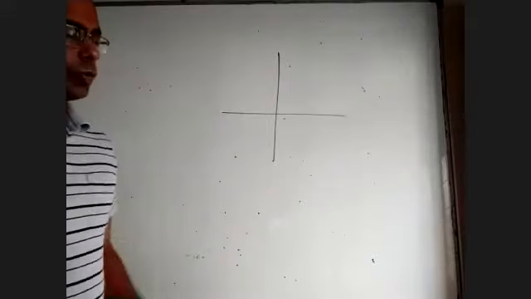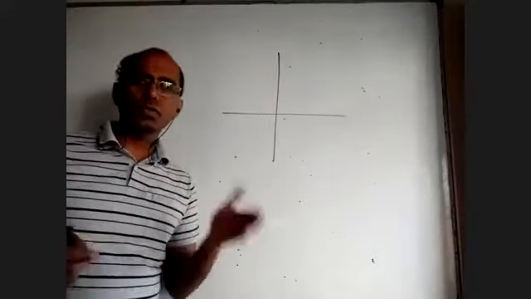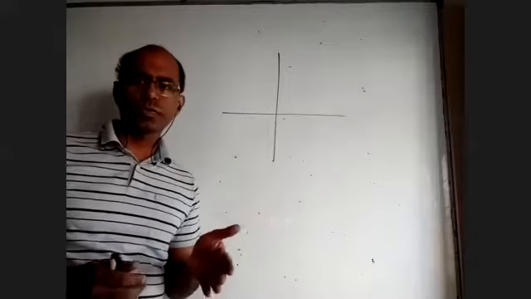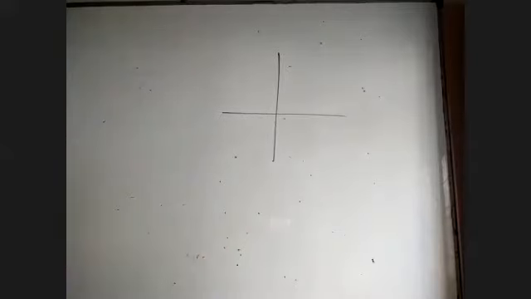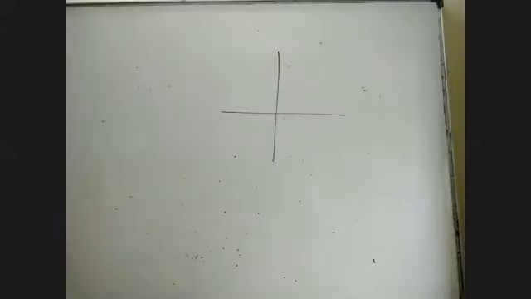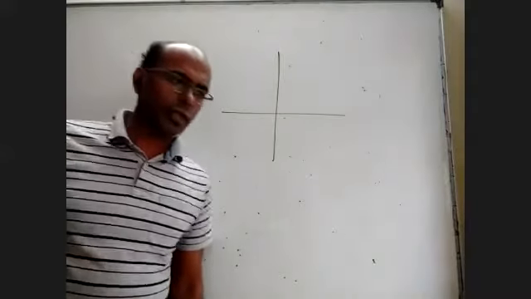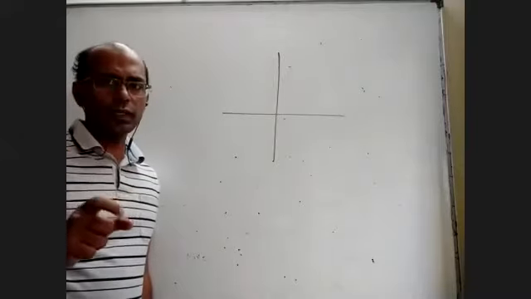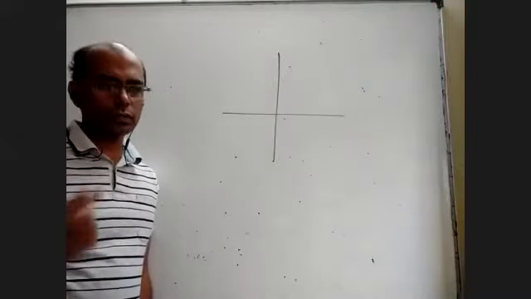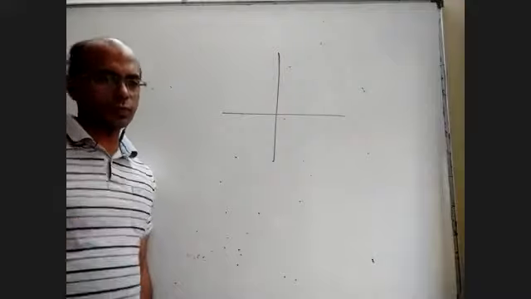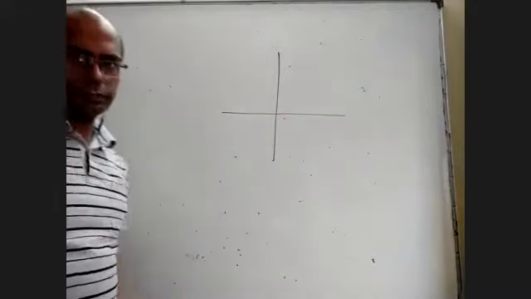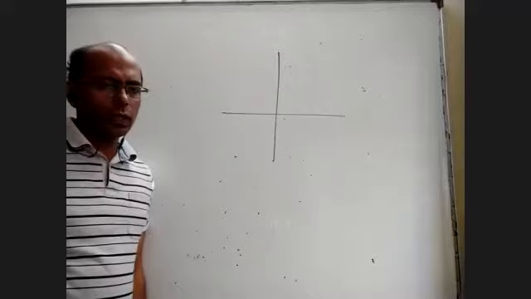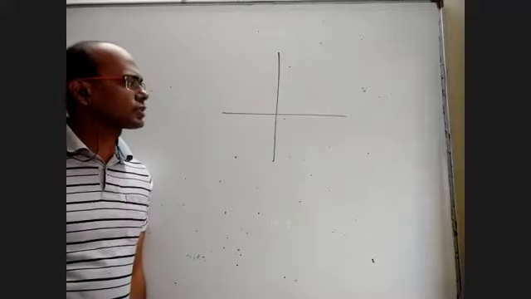What is that? You take any angle which is in first quadrant, like 0 to 90 or 360 to 450. For a first quadrant angle, sine of that angle is positive, cos of that angle is also positive, tan is also positive. If you take second quadrant, sine is positive, cos is negative, tan is negative.